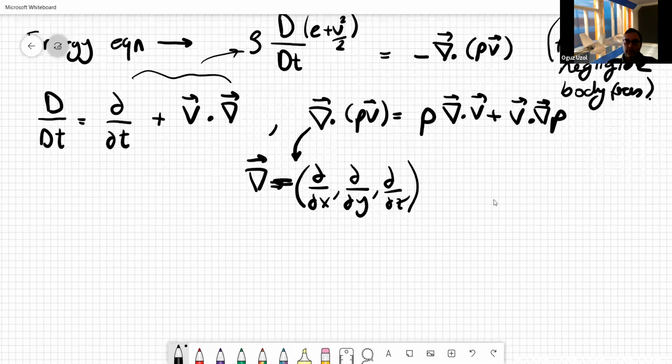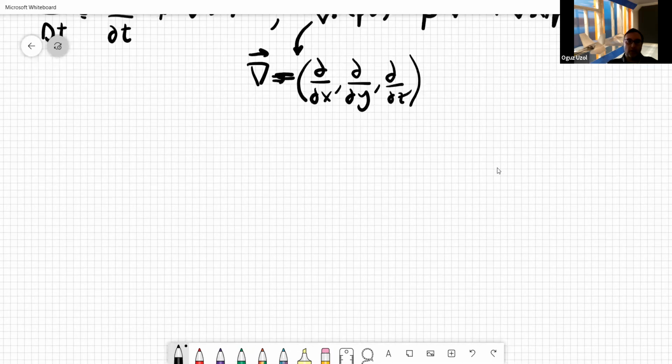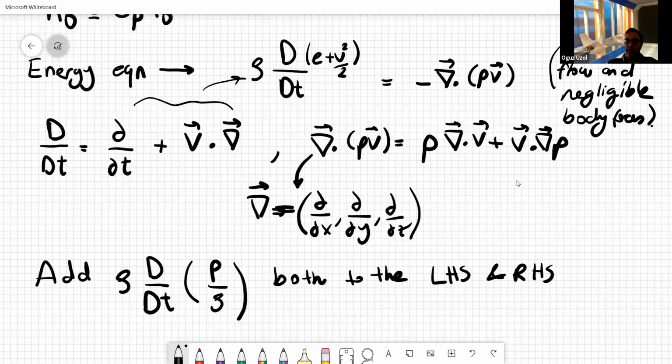In addition, now we will modify the equation such that we add this term, rho times the material derivative of p over rho, to both the left-hand side and right-hand side of this energy equation that we have here.